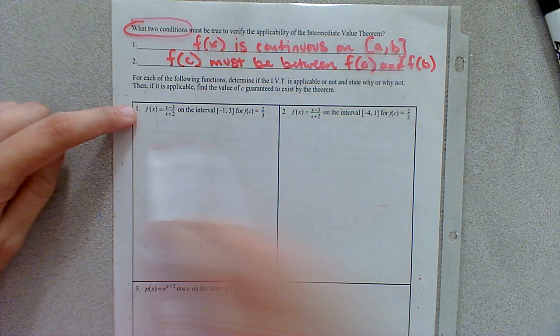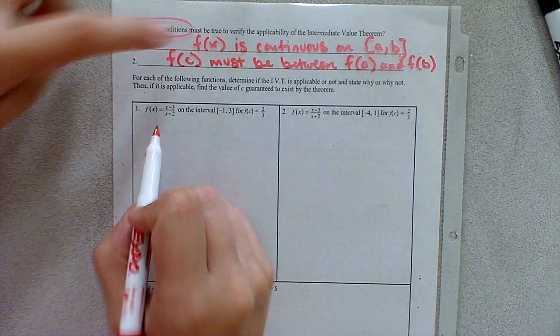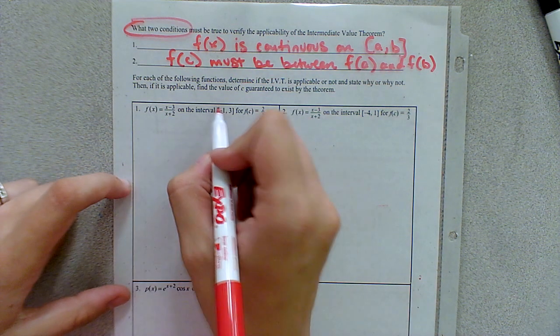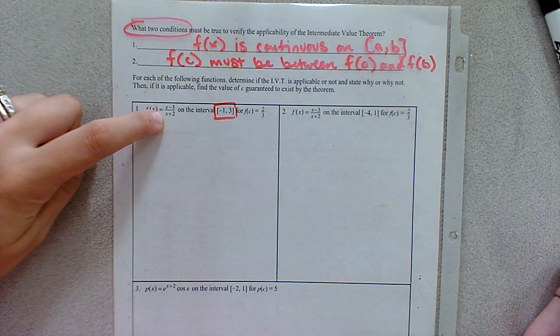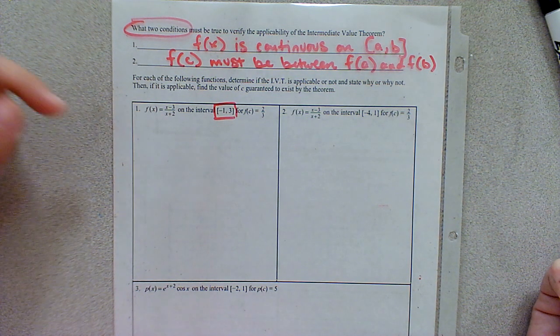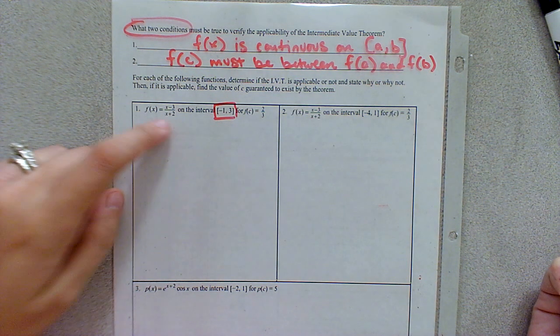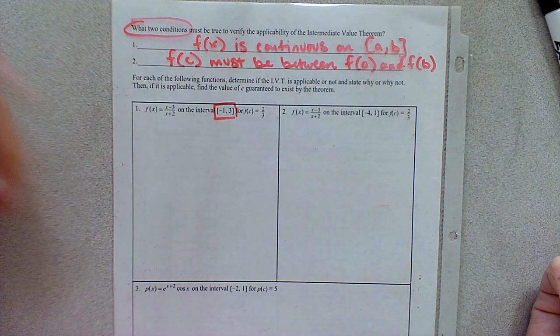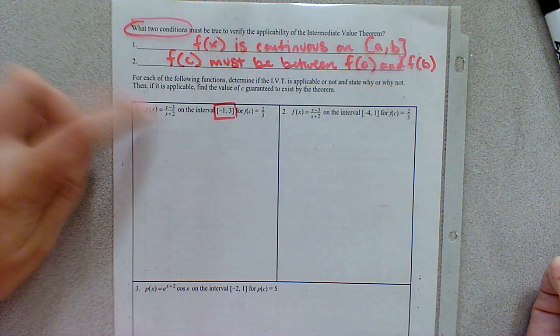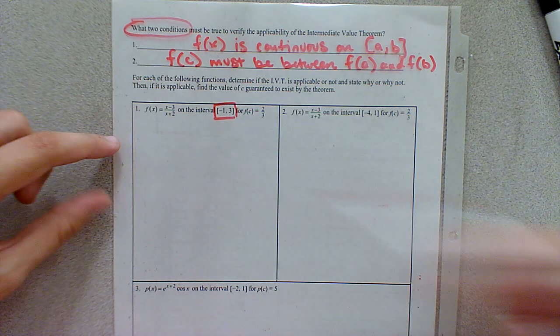So if we take a look at number one, take a look at the function, and we have to ask ourselves, is it continuous on the interval from -1 to 3? Since it's a fraction, we definitely have to be careful about the denominator, and the x value of -2 would cause this fraction to be undefined. Specifically, we would have an asymptote at that location.